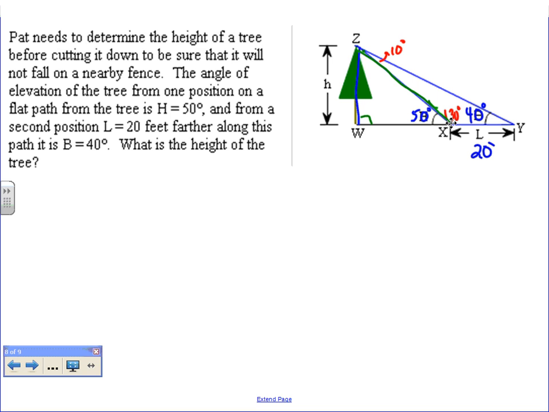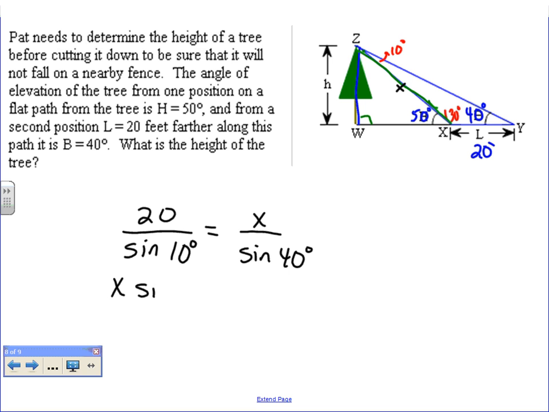20 over sine. Right. So 20 over the sine of 10 would be equal to, so you want to call this right here x over sine of 40. All right, then we can cross multiply, so we get x times sine of 10 equals 20 times sine of 40.